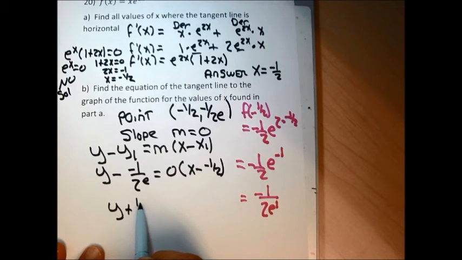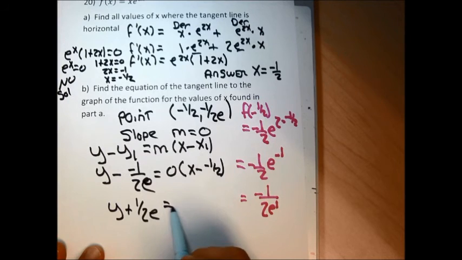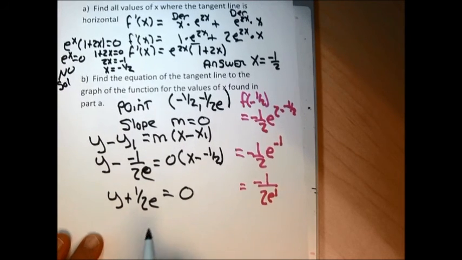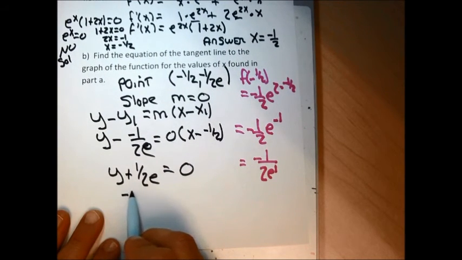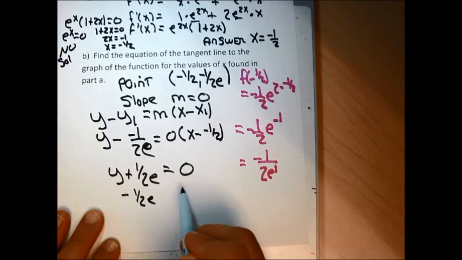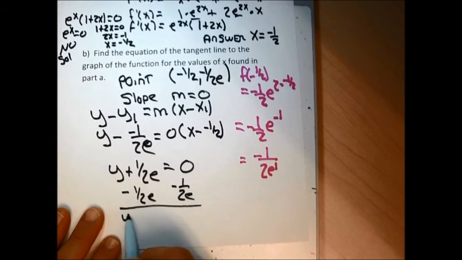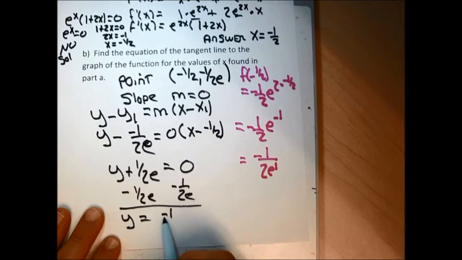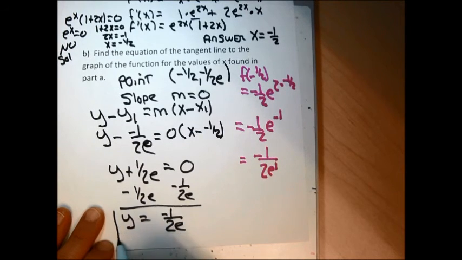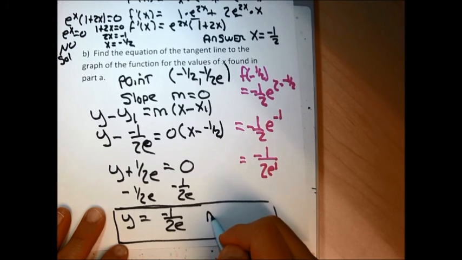I get y plus 1 over 2e equals 0 on the right side, because 0 times anything is 0. And then I'm just minus 1 over 2e from both sides. And I get y equals minus 1 over 2e. That's my answer to part B. That's the equation of the horizontal tangent.